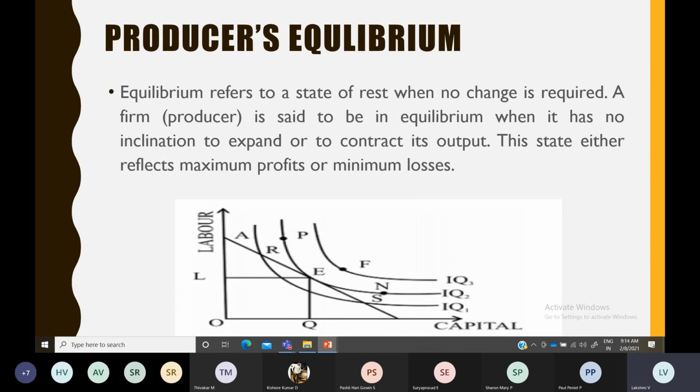Then comes the producer's equilibrium. First, consumer's equilibrium. Consumer's equilibrium means it is a stage where you don't require more, it is like a saturation point actually.